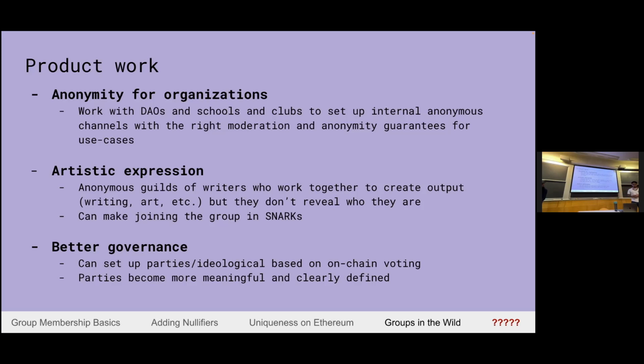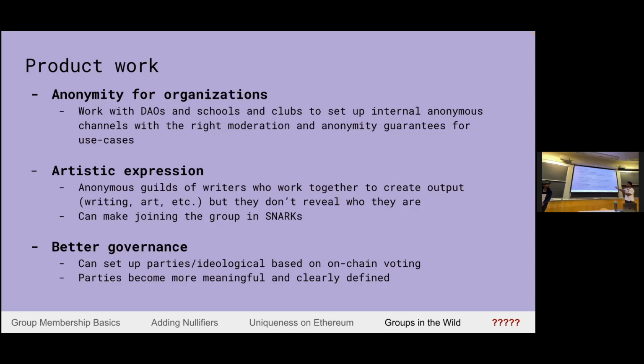You make these anonymous guilds where people can post to this one feed, but it's private who's actually posting. And it'd be really interesting to see what sorts of art and what sorts of expression people are able to do in these more well-structured forms, because it is still private. Maybe you can say stuff about yourself that you don't want to admit, but it's still useful and artistic and beautiful.